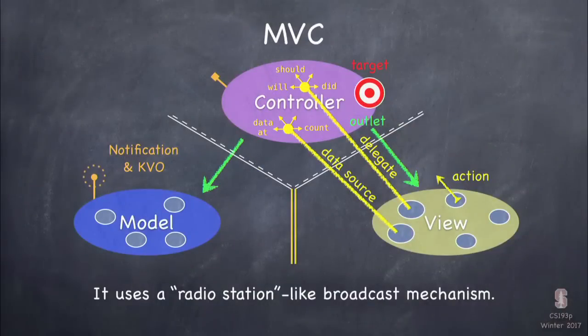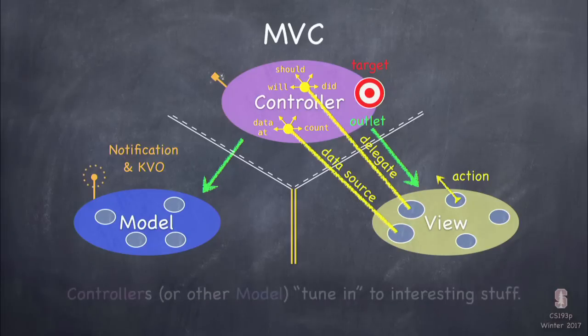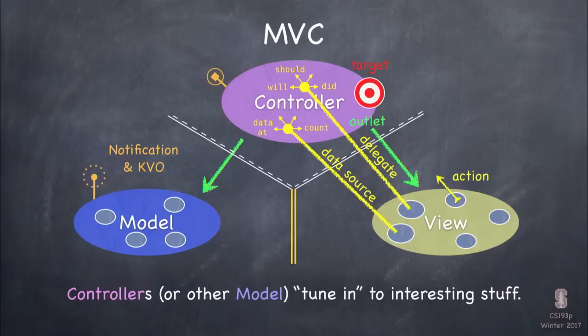The model basically has a radio station, and it broadcasts on that radio station, hey, I changed, or this thing about me changed. And then the controller tunes in to that radio station, and when it hears a broadcast, it asks the model what changed down that green arrow there. You see? So that's the mechanism we're going to use to get stuff for our model that changes to notify our controller.